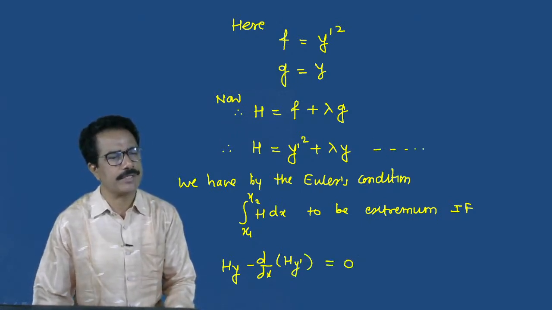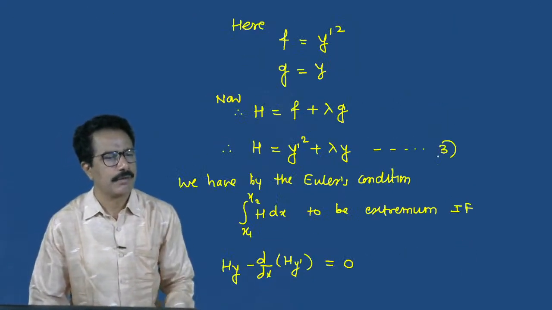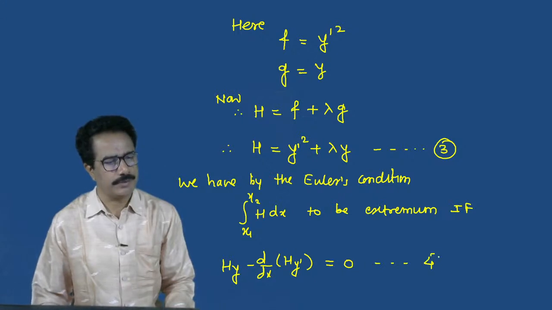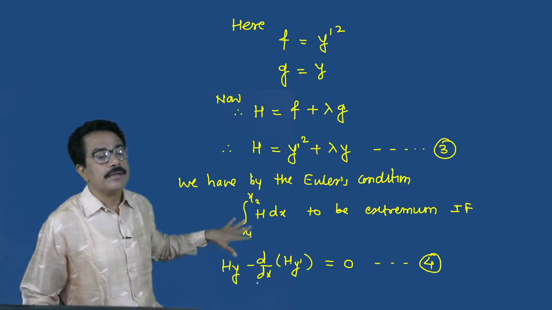Suppose this is equation number 3, and this is equation number 4. That means we have to put the value of hy and hy dash.